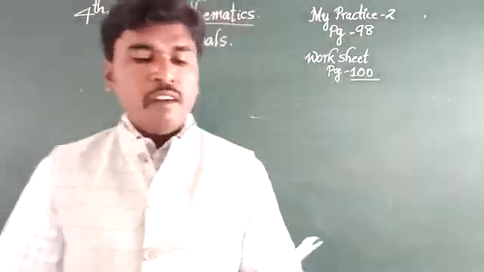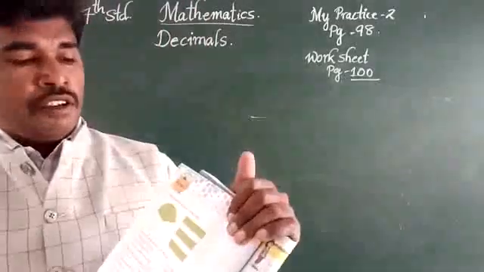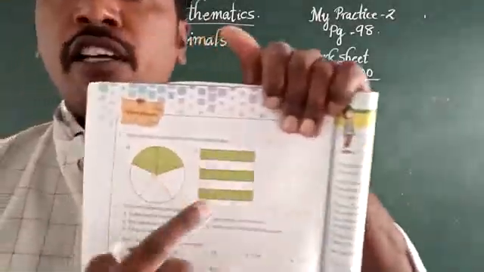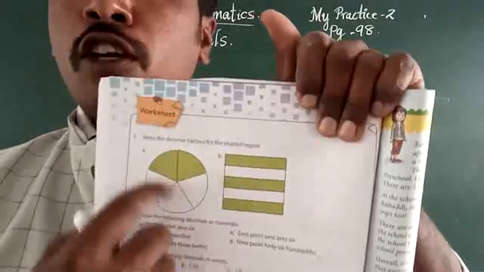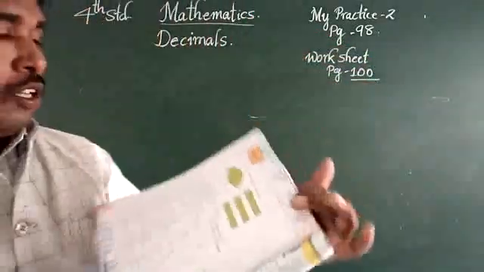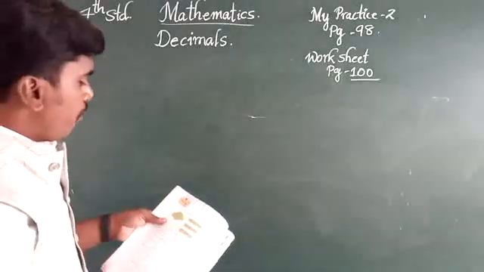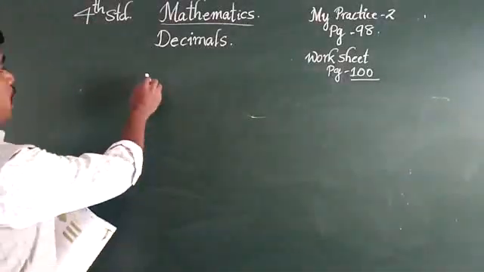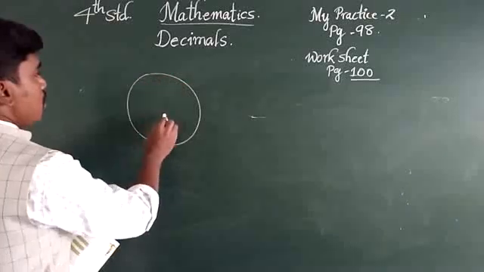Observe, dear children, write the decimal fraction for the shaded region. They have given 2 pictures. One is circular and another one is rectangular. So here write the fraction of the shaded parts. This is the circle.